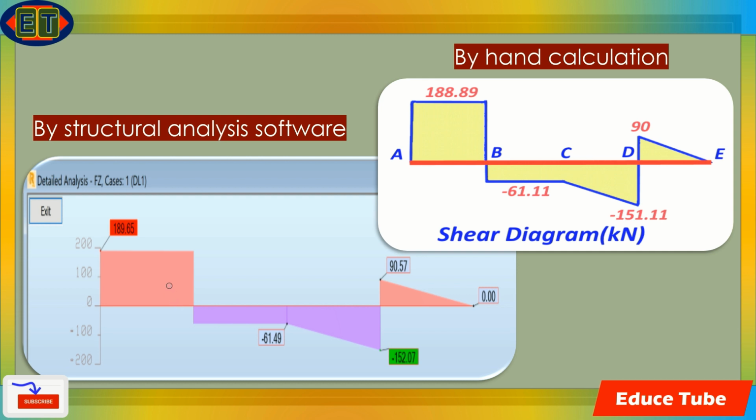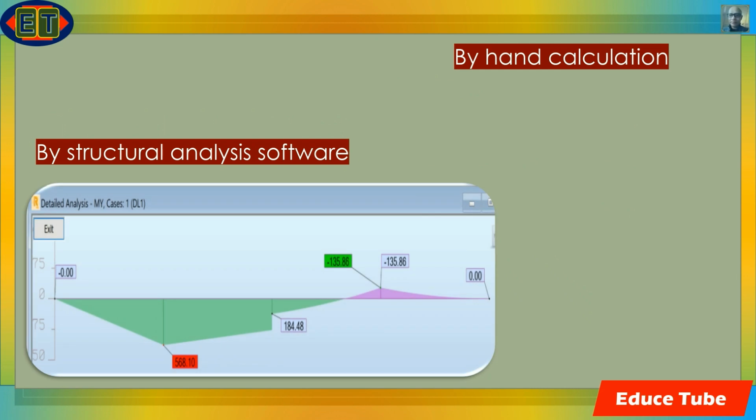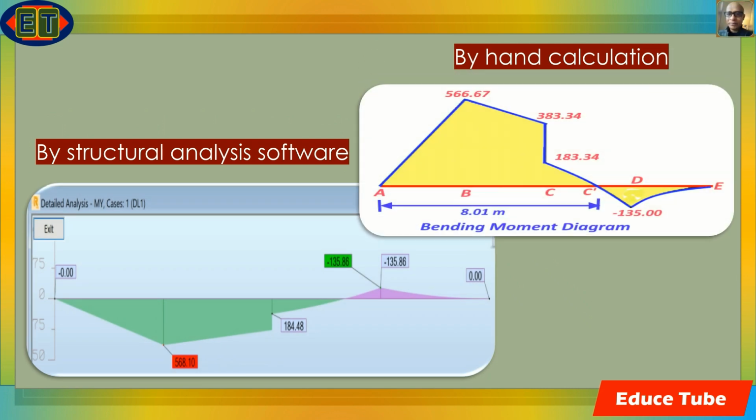So this shear diagram, by structure analysis software and by hand calculation, both are more or less very similar. In the moment diagram also, I checked hand calculation and structure analysis software values, and also very similar.